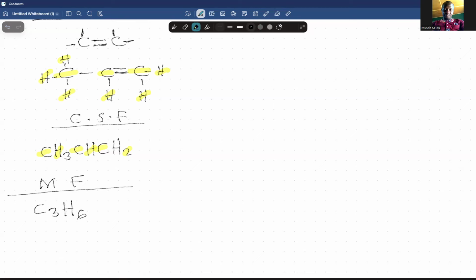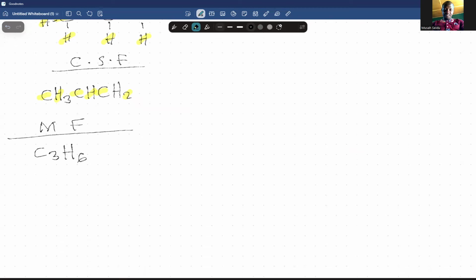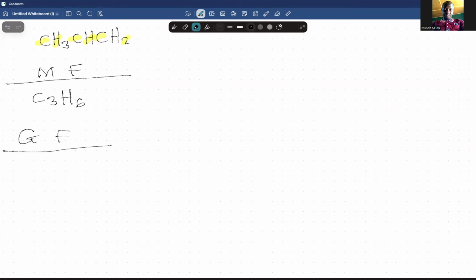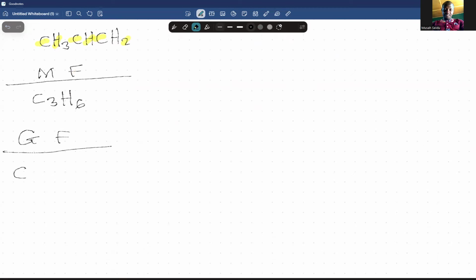Now to write its general formula, I have to start with CnH2n.